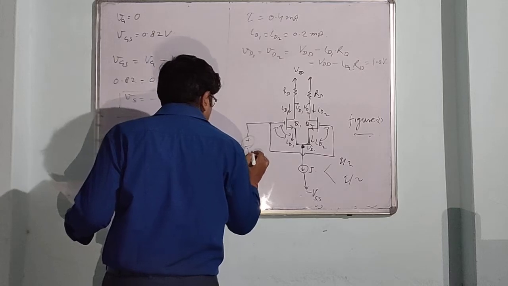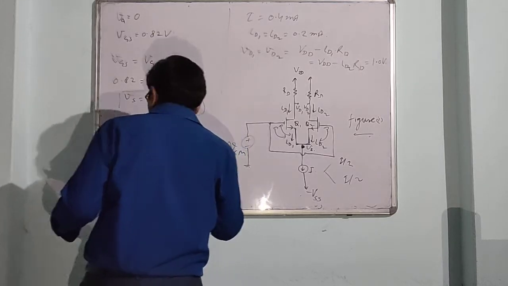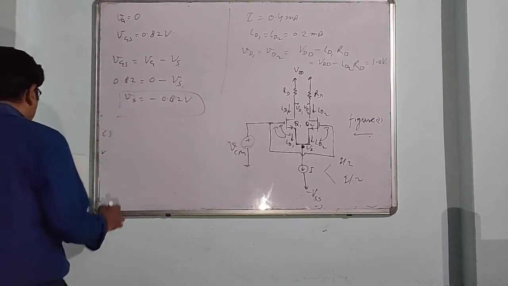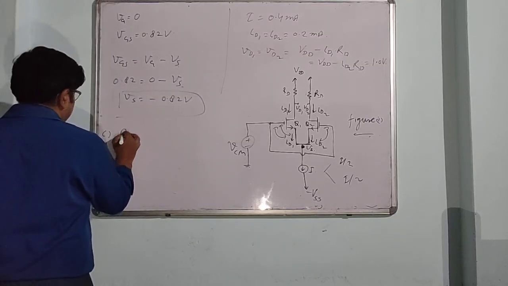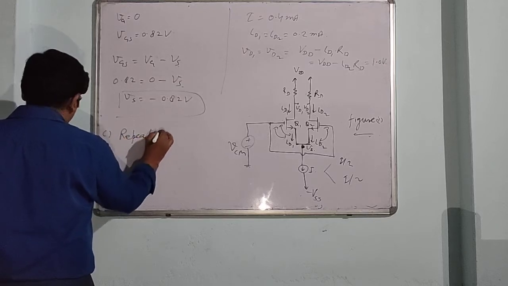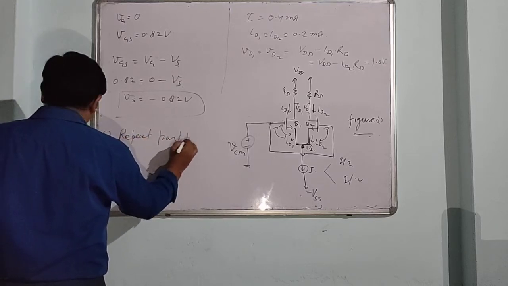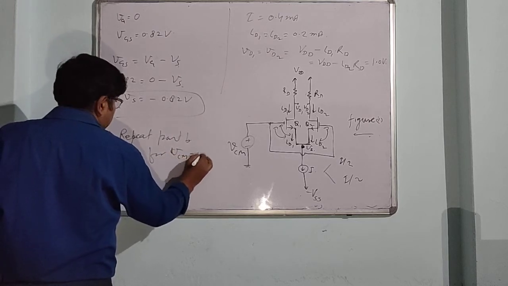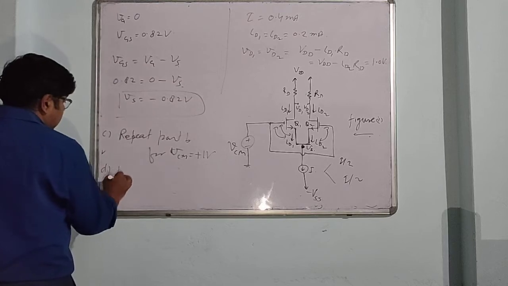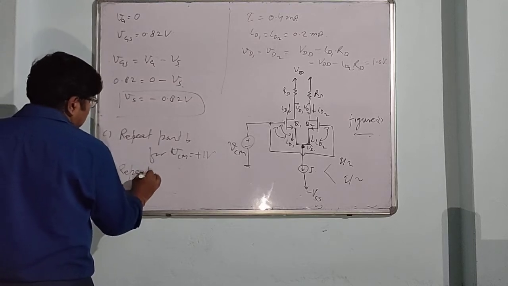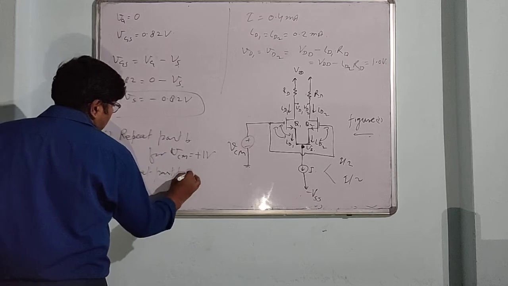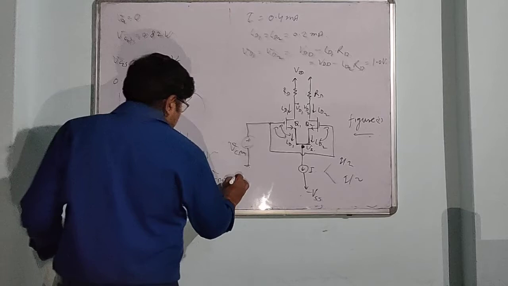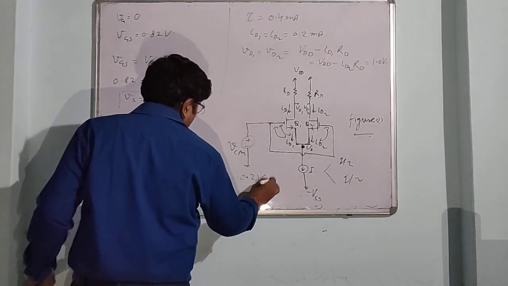In part C, calculate all values, repeating part B for VCM equals plus 1 volt, and in the next part repeat part B for VCM minus 0.5 volt.